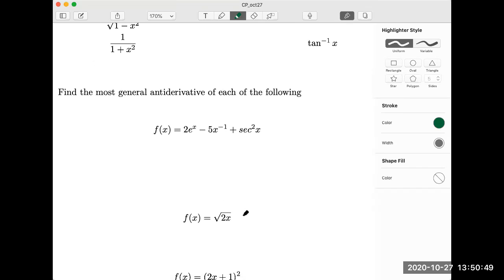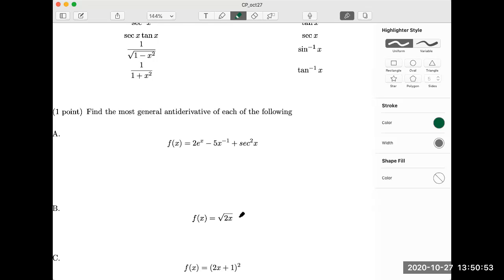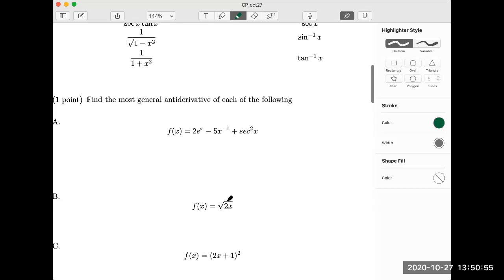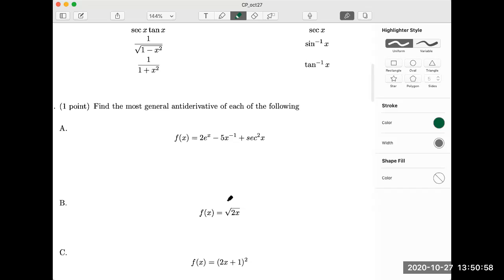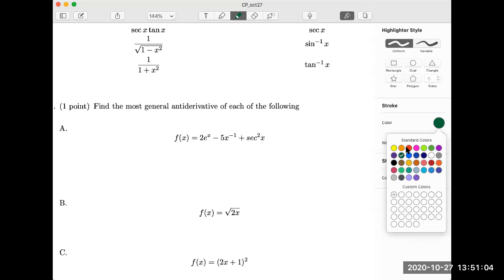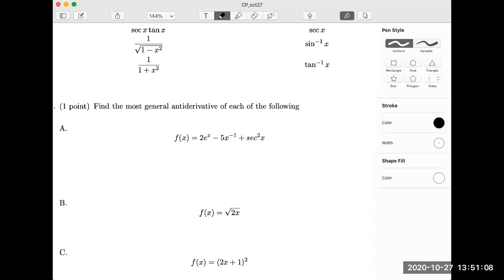Now, let us play with some more examples. If we're given the function f here, then the antiderivative of f should be the antiderivative of two of these terms, right?